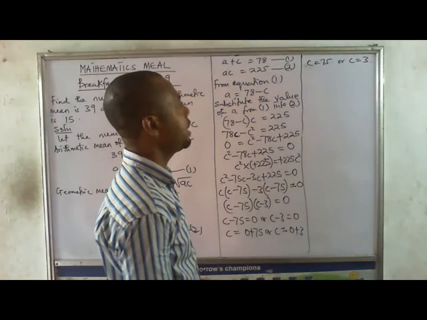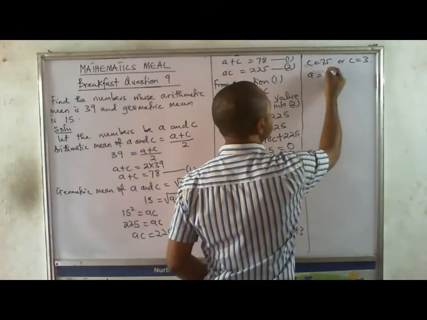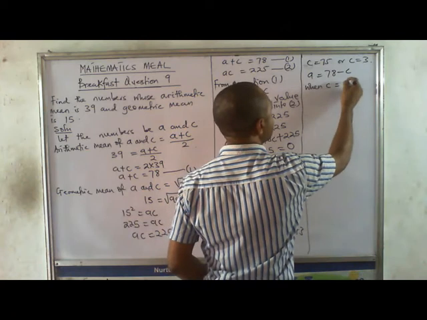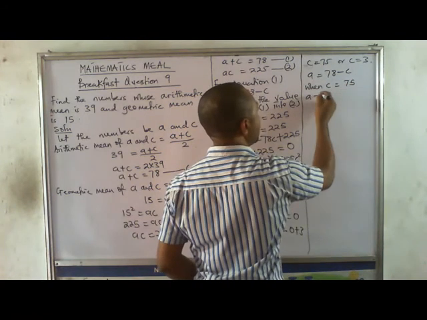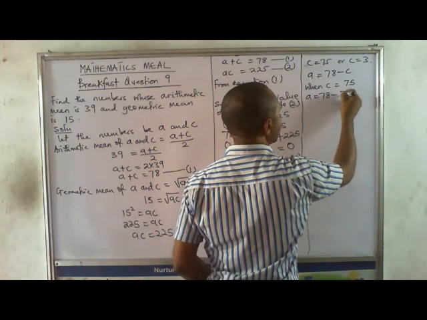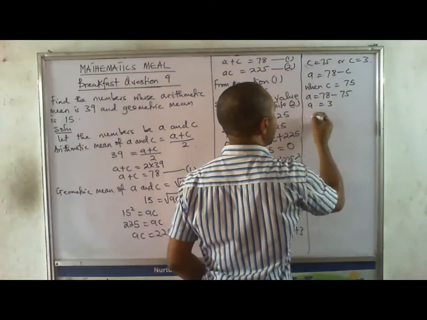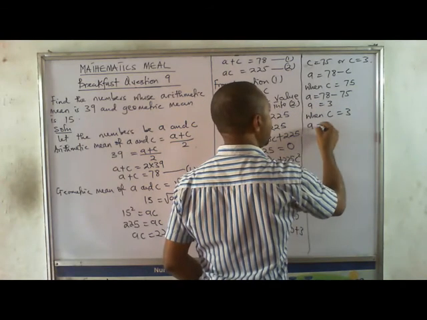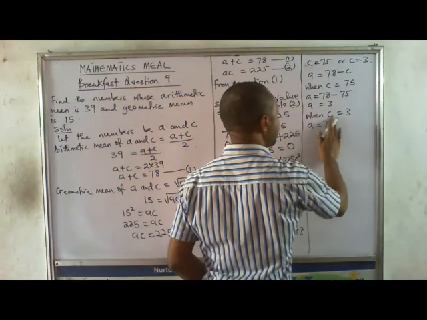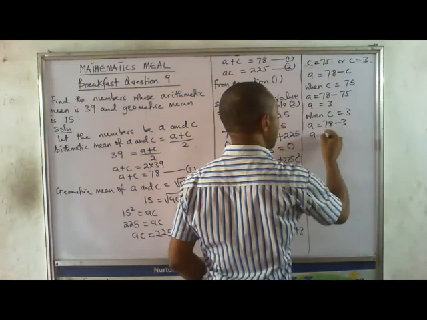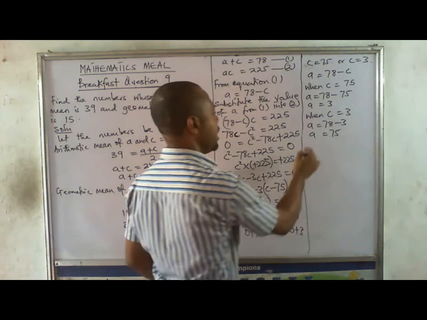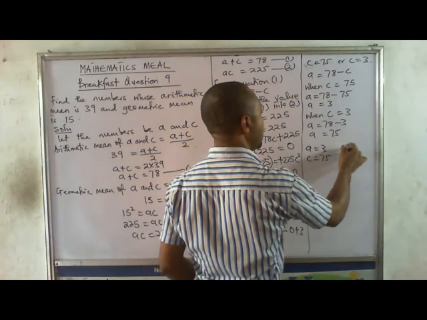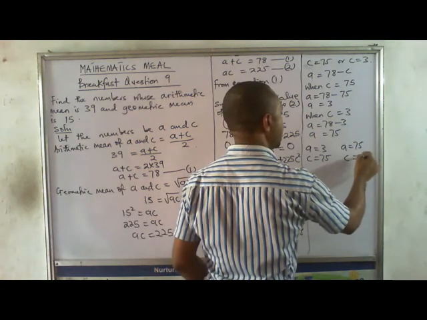So I can now find A. Recall, A is 78 minus C. So when C is equal to 75, A will be 78 minus 75, A will be 3. And when C is equal to 3, A will be 78 minus 3, A will be 75. So A is 3, C is 75, or A is 75, C is 3.